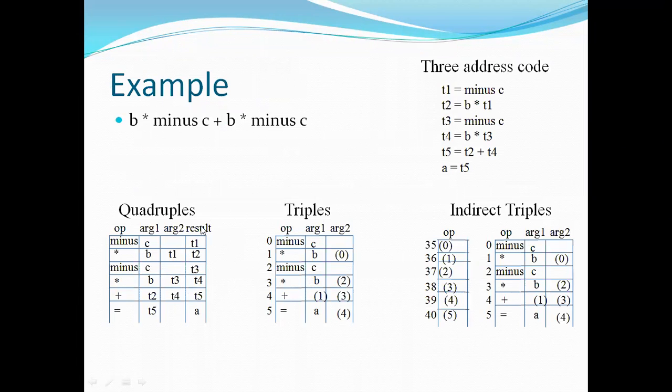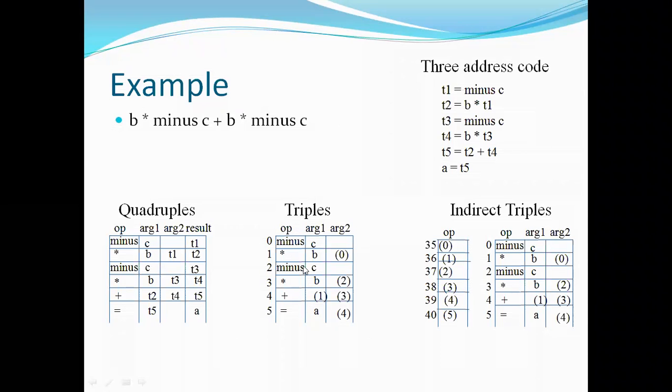That means I am eliminating the temporary variables. I am not using a result field here. I only have 3 fields: operator, argument 1 and argument 2. Instead of the result field, which consists of all the temporary names generated by the compiler, I am referring to pointers in the symbol table.